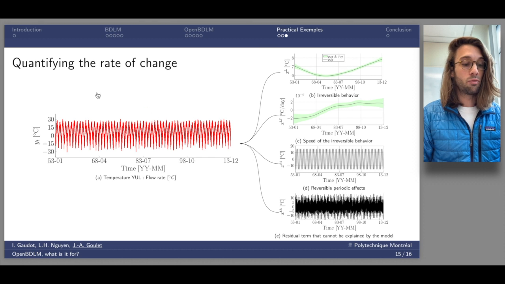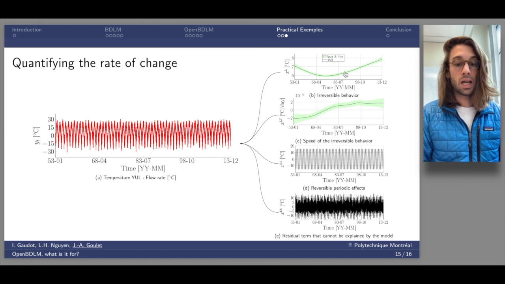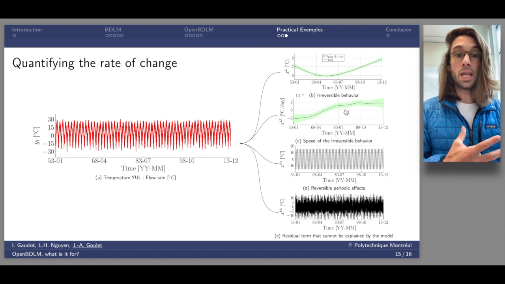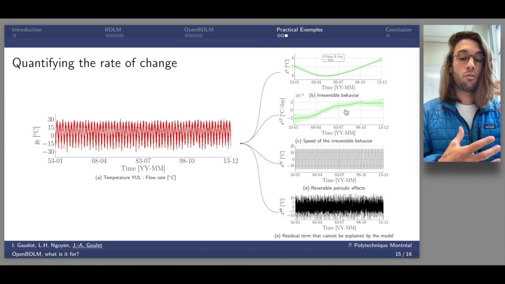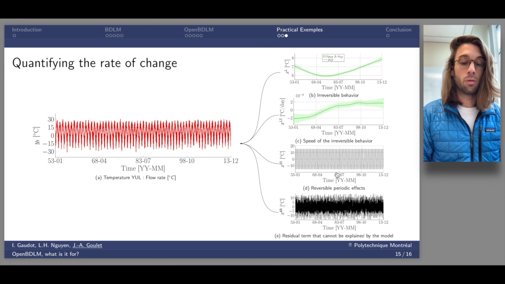So from these raw data, we can extract knowledge by separating the baseline behavior of a time series from its irreversible periodic patterns and the autoregressive term that represents the part that we cannot explain with our other components.